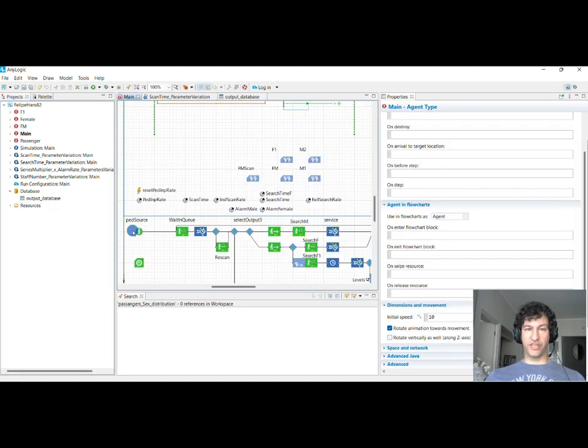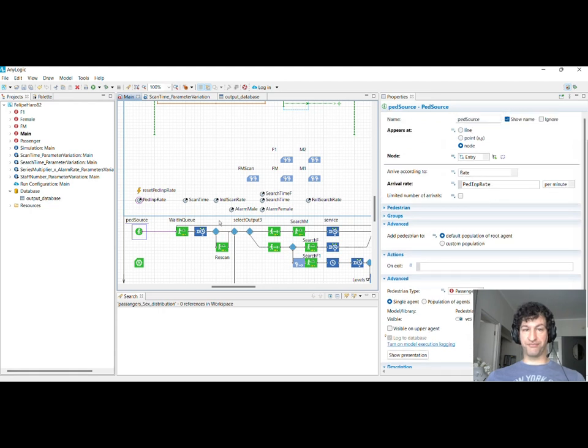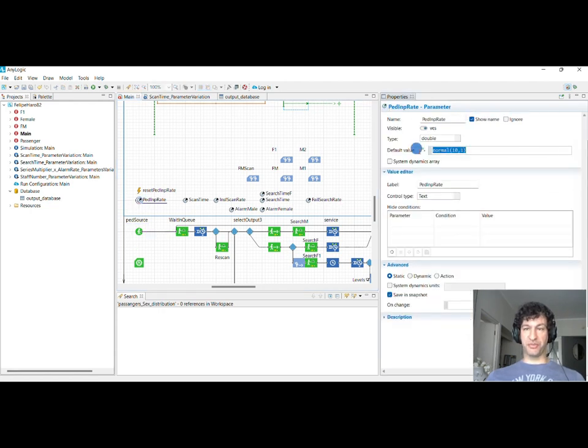And you get some results. So again, in the pet source, we see the arrival rate as a normal distribution. Same thing that everybody had.